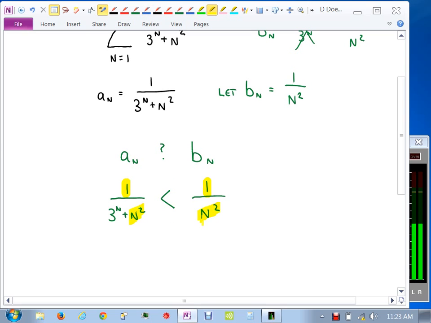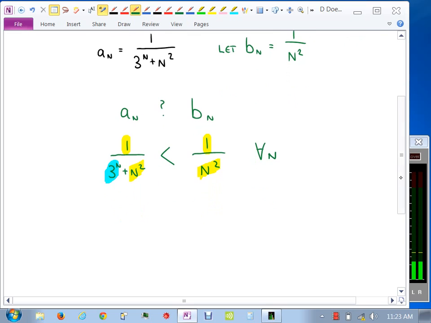This part of the denominator is the same, but 3 to the n is going to be some big number, like 3, or 9, any power of 3. So if I add that over here to n squared, this becomes bigger, which makes this fraction smaller than that one, right? So this is true for all n. So that means a sub n is less than b sub n.